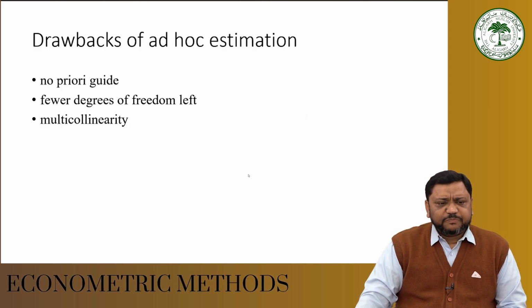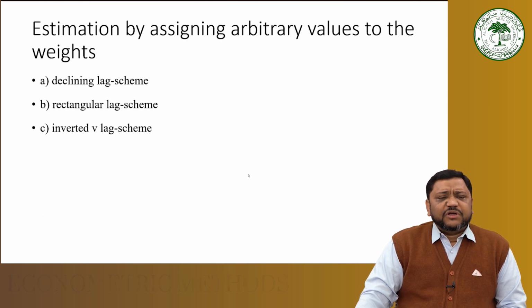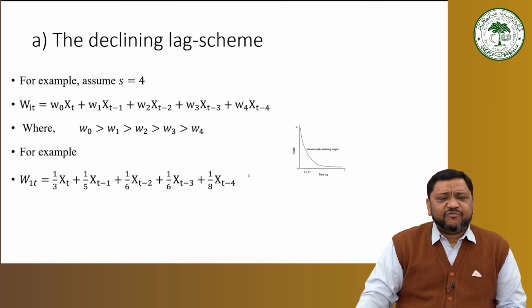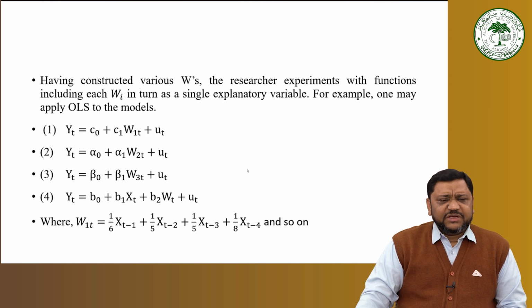Then we moved to the various lag structures: a declining one, a rectangular one where all the weights are the same, and an inverted one where the weights first increase, then decrease.